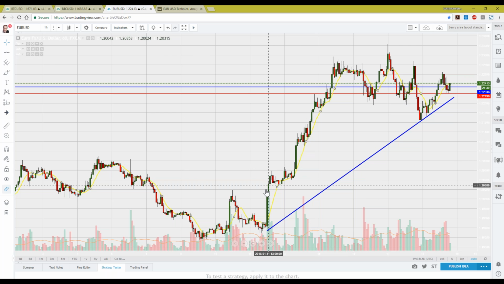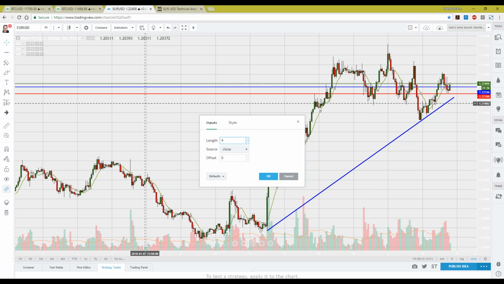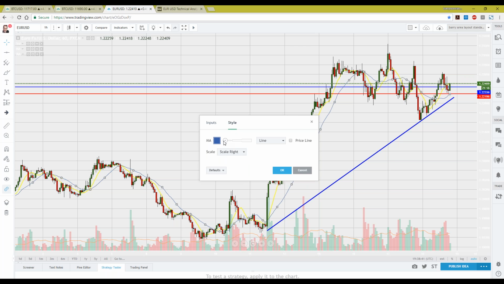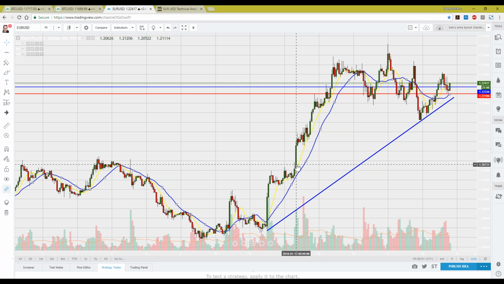We can use a 20-period moving average, and we'll make this green. We'll make the other one bright blue. And this yellow is like a hideous color, so let's change this yellow color here.